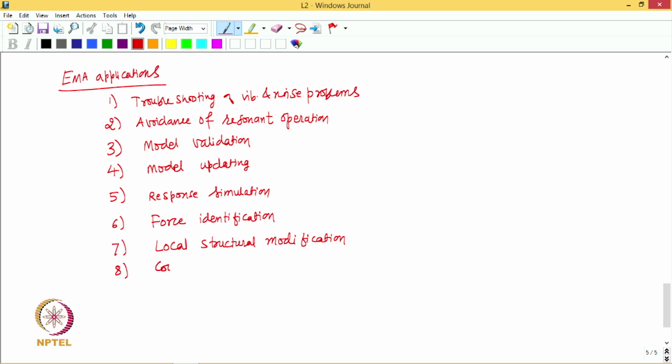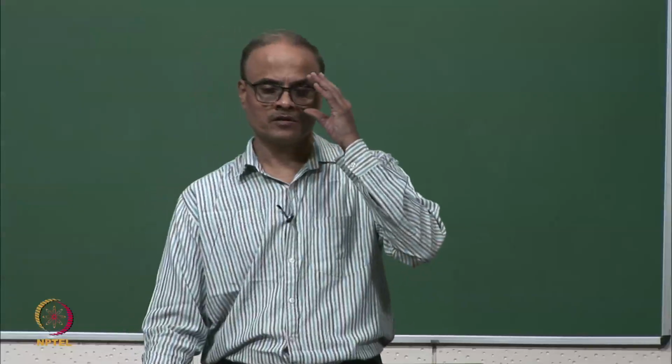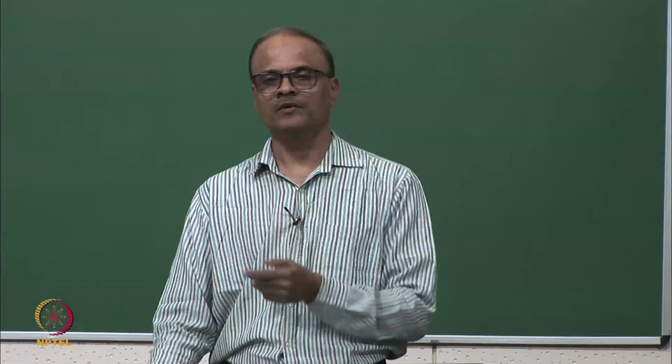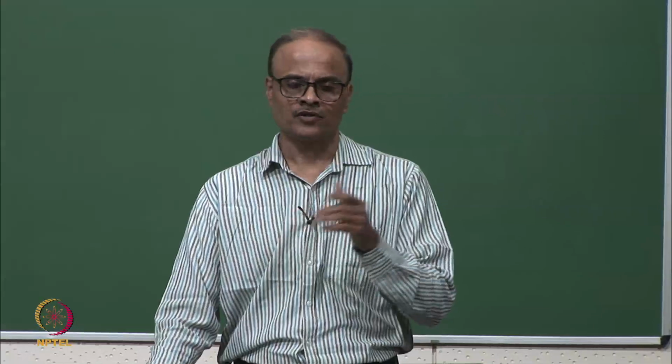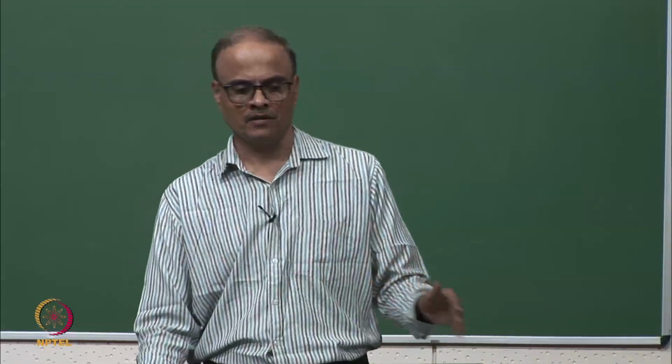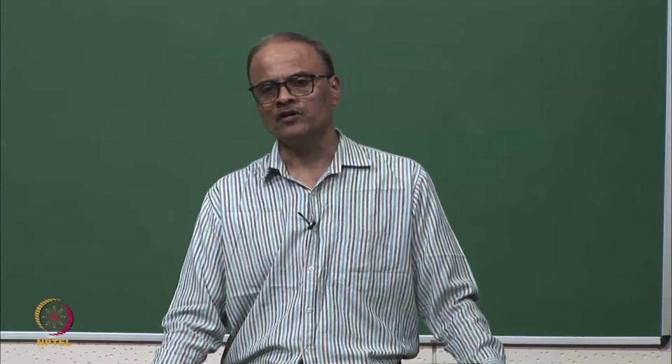Another application is coupled structural analysis. In coupled structural analysis, the idea is to couple models derived from different sources. For example, in an assembly, some component models might be available from the finite element method, and for some other components the experimental modal analysis is performed and a model is obtained.